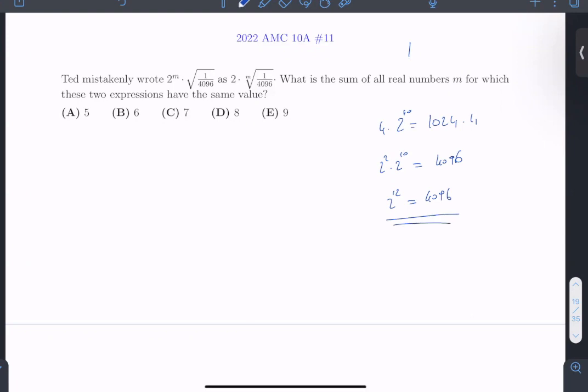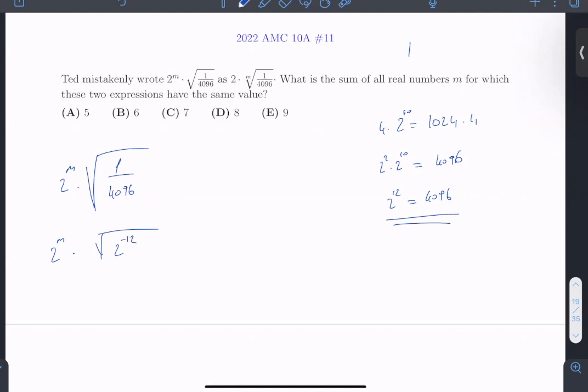And let's calculate this value: 2 to the power of m times the square root of 1 over 4096. If we write 2 to the power of 12, we are going to have 2 to the power of m times the square root of 2 to the power of negative 12.